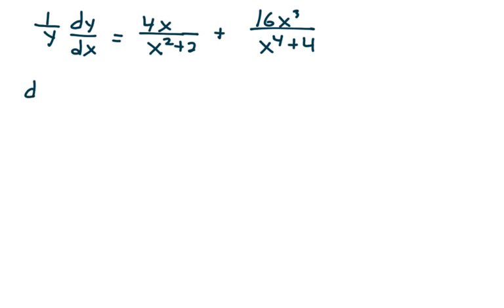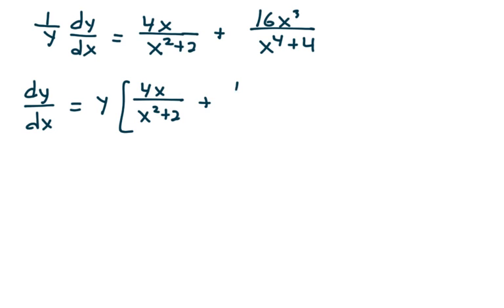And so multiplying both sides by y, we get dy/dx is y times [4x over (x squared plus 2) plus 16x cubed divided by (x to the fourth plus 4)].